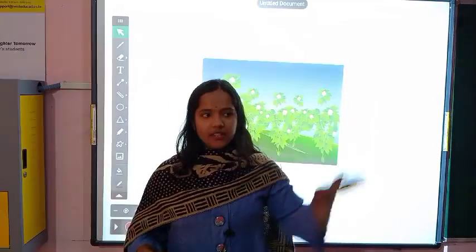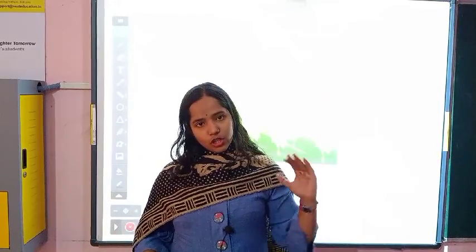Now, some plants have weak stems which cannot stand upright on their own. Students, if you see a tree, it stands on its own position. And if you see shrubs, they also stand and maintain their own weight.